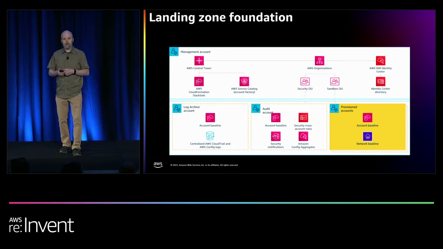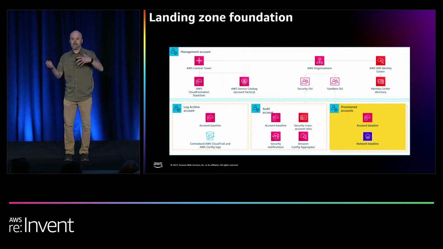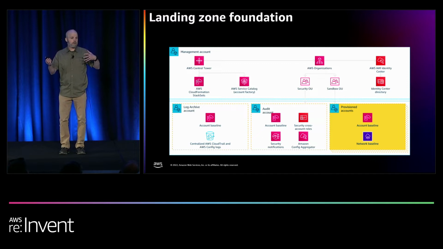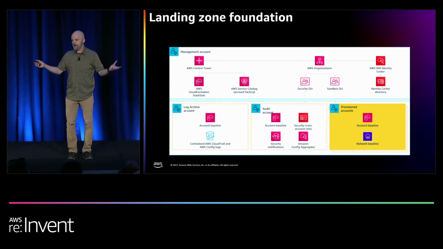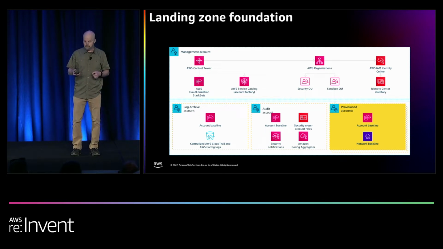And we set up a couple of useful centralized accounts, a logging account and an audit account that has security services, notifications, things like that. And then, like I said, we give you an account factory that lets you stamp out accounts that have a pre-made baseline with a set of controls and configurations in place.